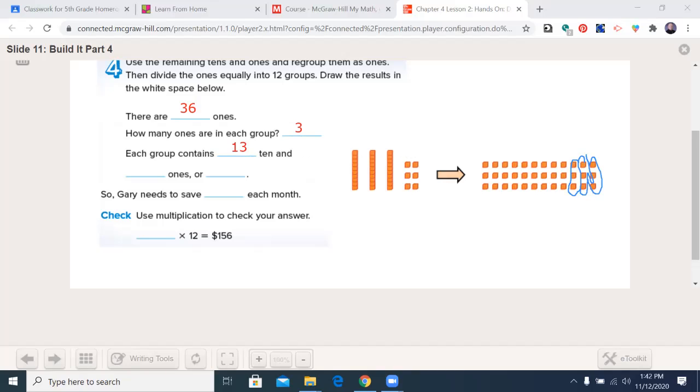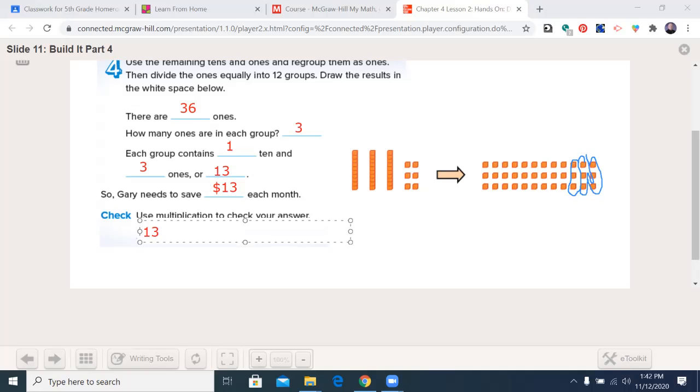1 ten and 3 ones, which we put together as a 1 and a 3, which you know is 13. So Gary needs to save $13 per month. Notice I labeled it with a dollar sign because that is the expectation that we label things.